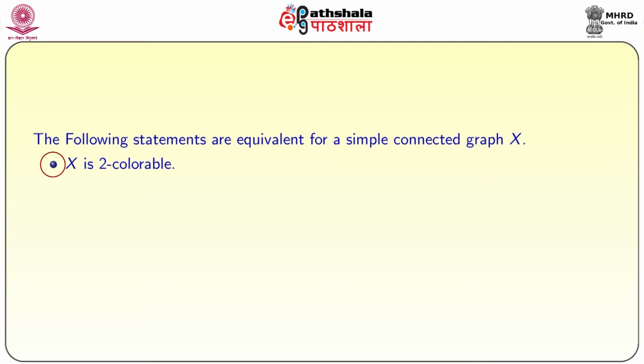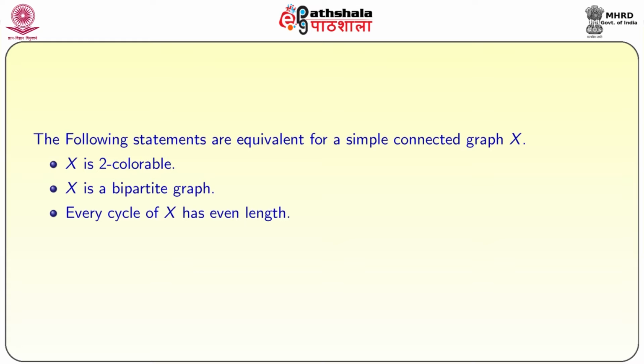The following statements are equivalent for a simple connected graph X. X is 2-colorable, X is a bipartite graph, and every cycle of X is of even length. We already know that a graph is bipartite if and only if every cycle is of even length. Now, it is easy to see that a bipartite graph means we divide the vertex set into two sets such that vertices within each set are not adjacent.